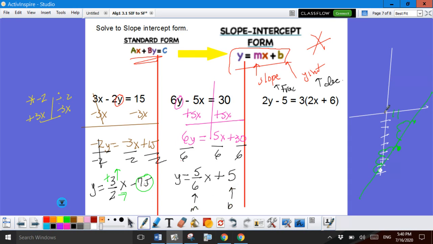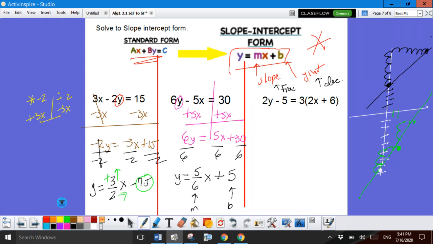If I was graphing that one, I'm starting at positive 5 on the y-axis. I'm going to go up 5 more: 1, 2, 3, 4, 5, and I'm going right 6: 1, 2, 3, 4, 5, 6. And there is that line.